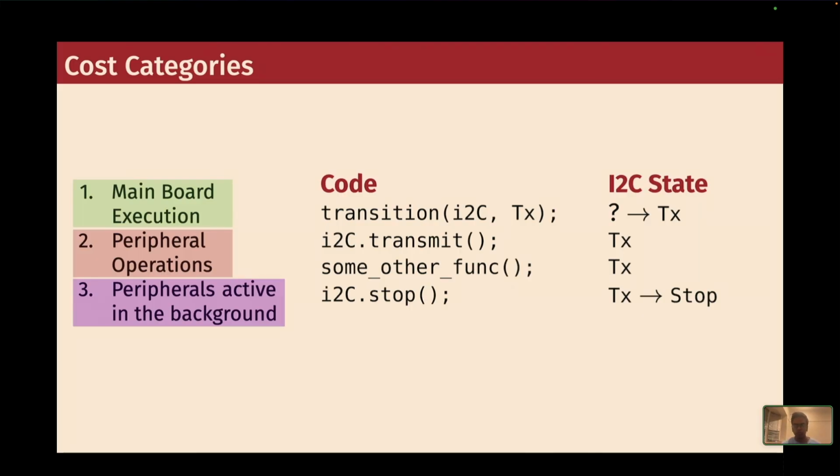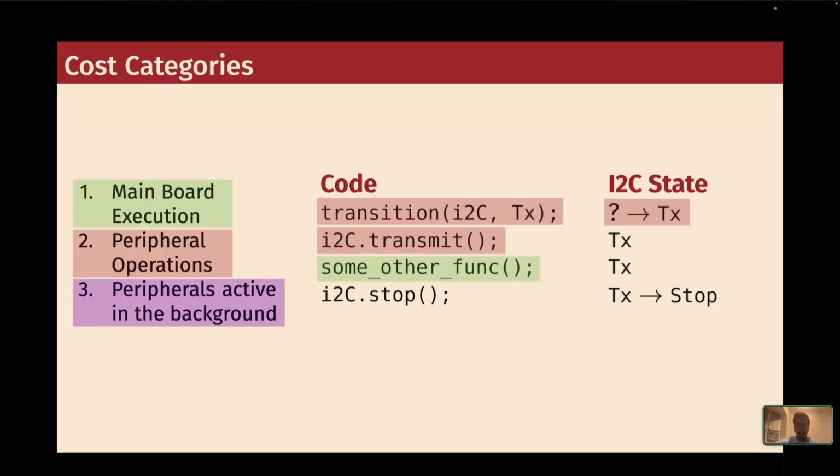Here we have a code snippet of using an I2C bus to perform a simple task. We first start by transitioning the I2C bus into TX state. Then we initiate the transmit operation. While this transmit operation is going on, we importantly perform some computation on the main board, represented by some other func.